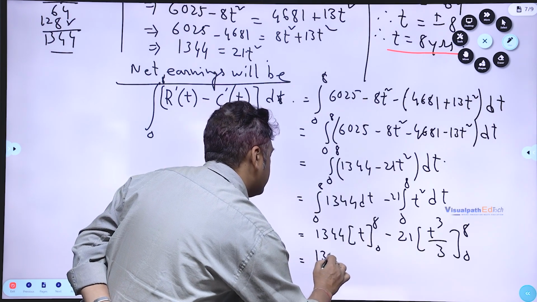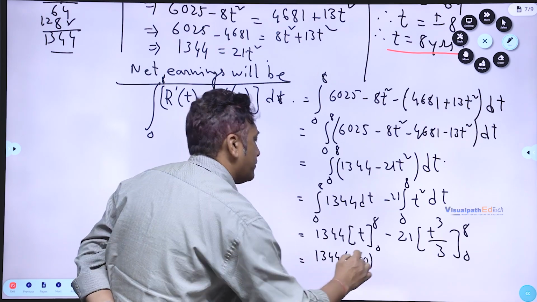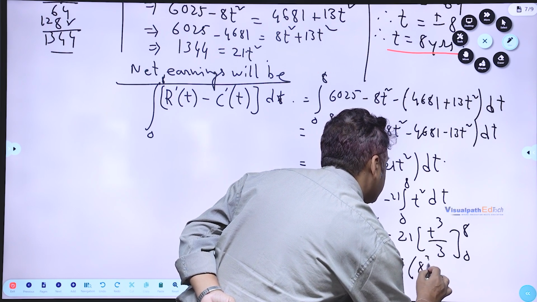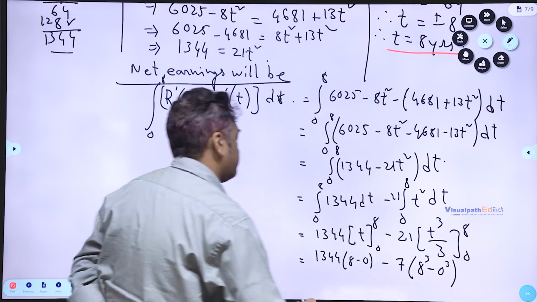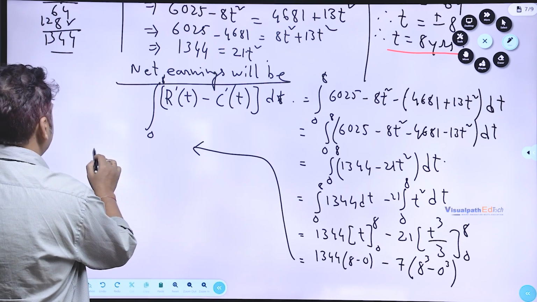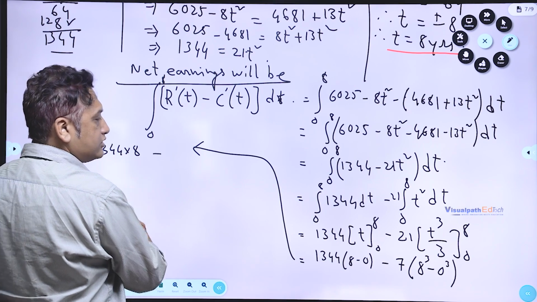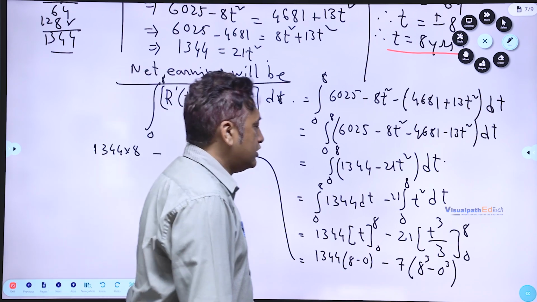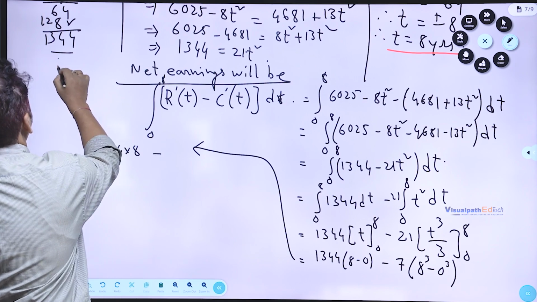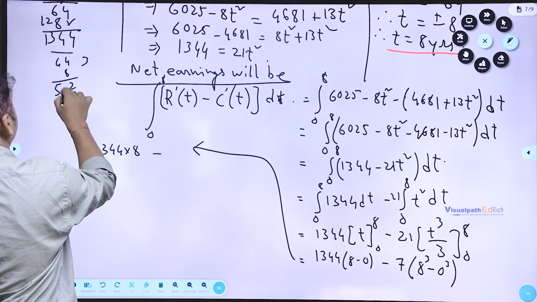Or 1344 into 8 minus 0, minus 7 into 8 cube minus 0 cube. Okay. So that will give us 1344 into 8 minus, how much is 8 cube? 8 into 8 is 64, and 64 into 8, 512.